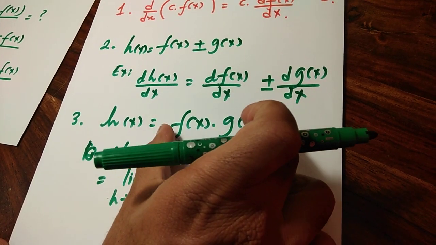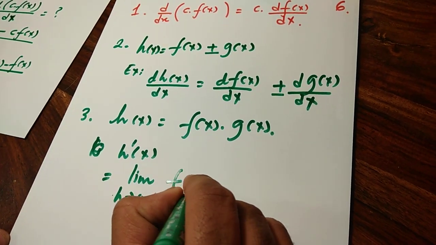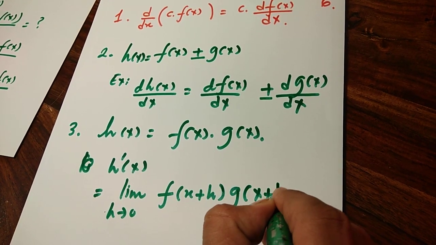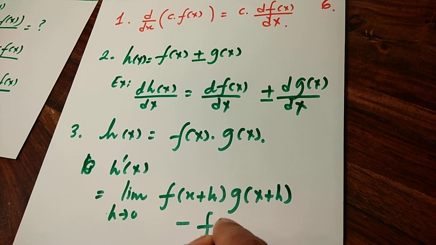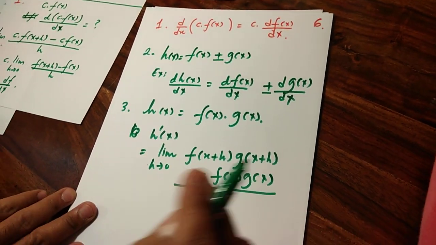First I should take this function, which is h, and evaluate it at x plus h, then subtract this, divide by h, and take that limit.